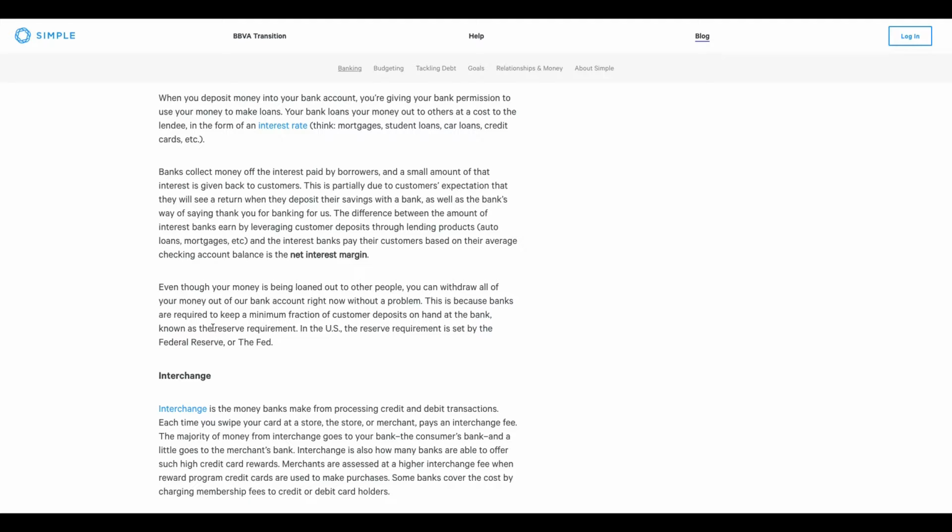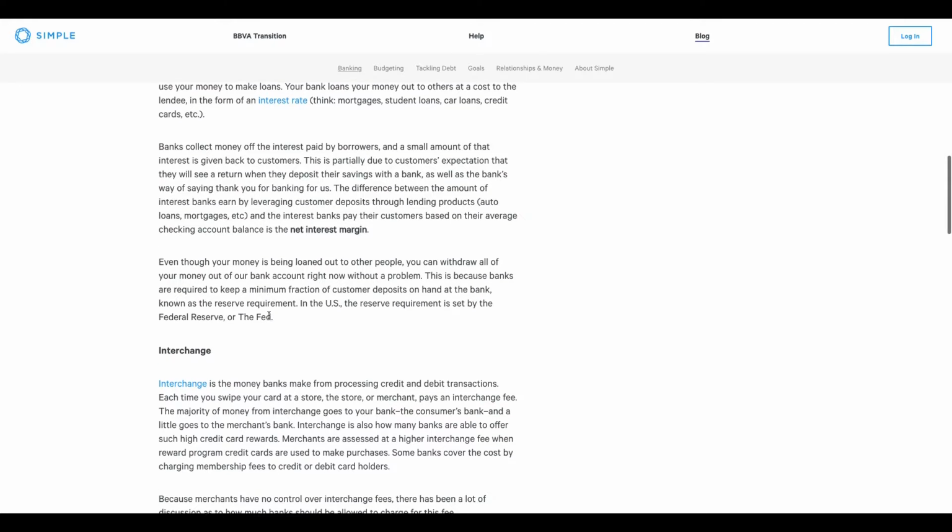But even through all of this, the customer is still able to take out all of their money, because banks have to follow a rule: banks are required to keep a minimum fraction of customer deposits on hand at the bank.